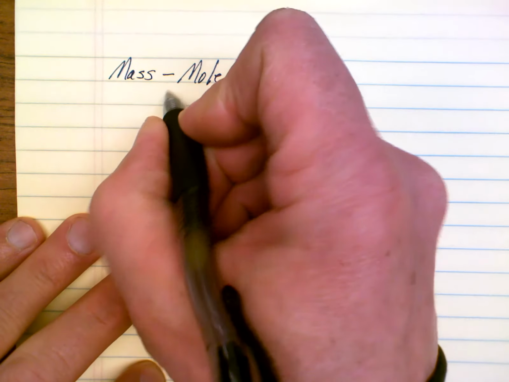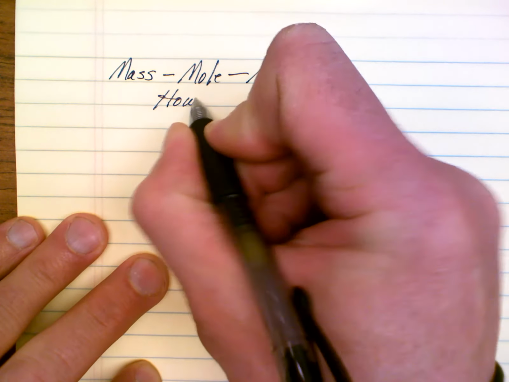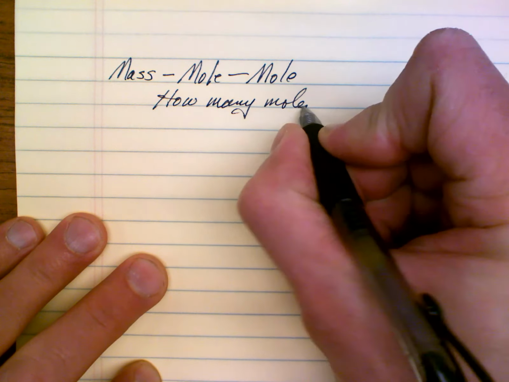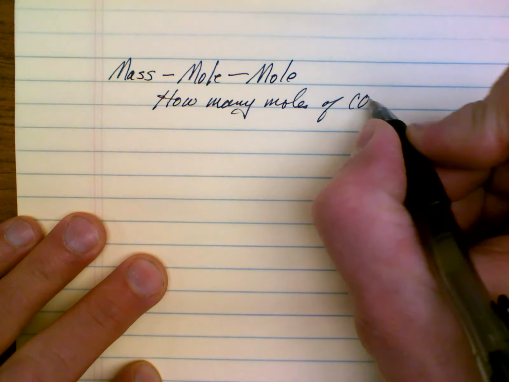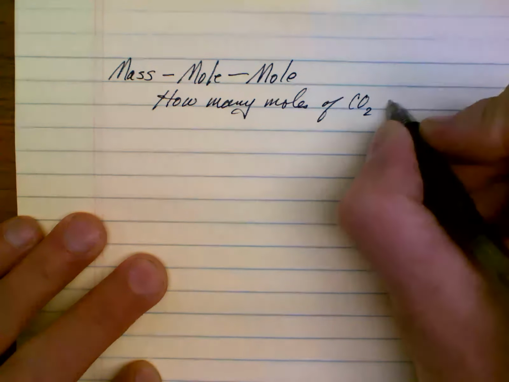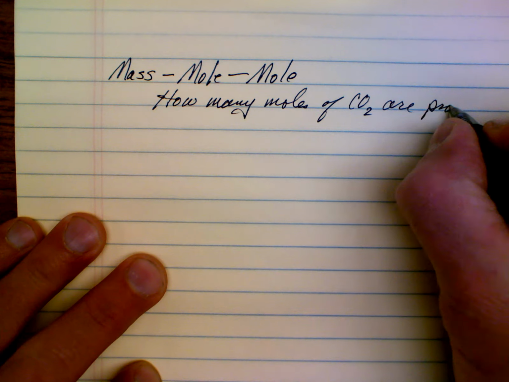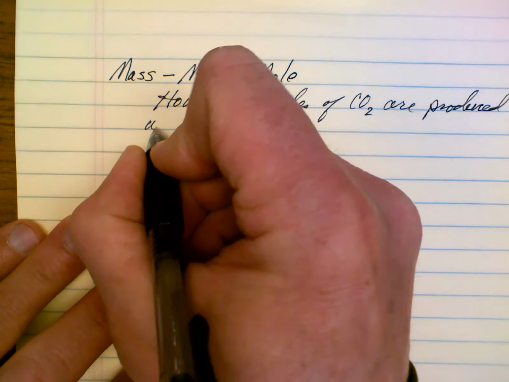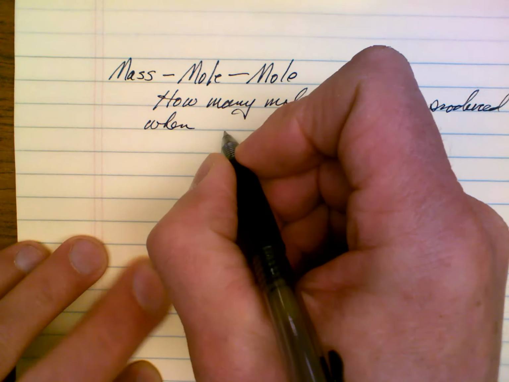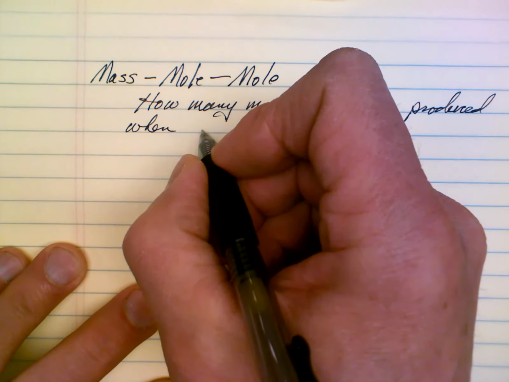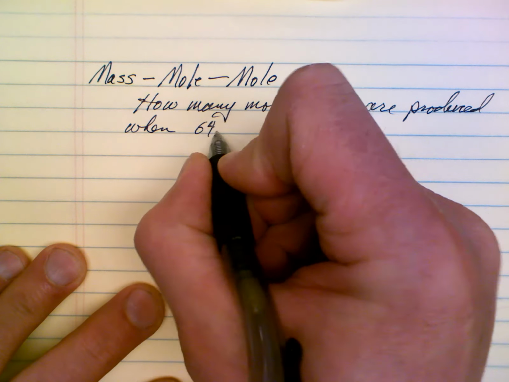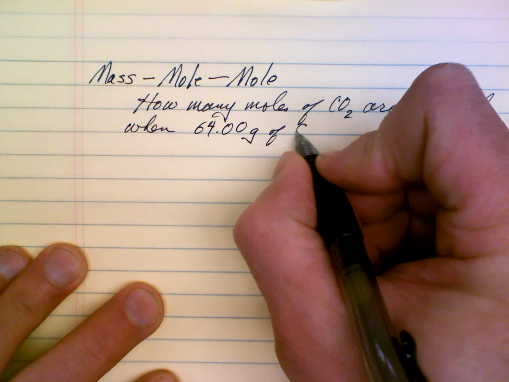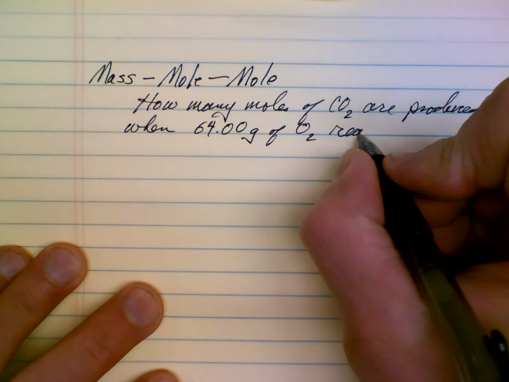How many moles of CO2 are produced when, let's go with 64.00 grams of oxygen react.